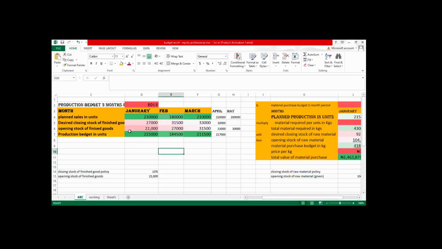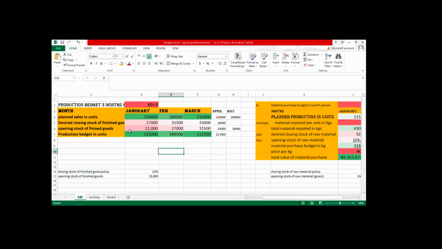Your purchases, if you incur costs, must be paid for before you can recognize them in your cash budget.